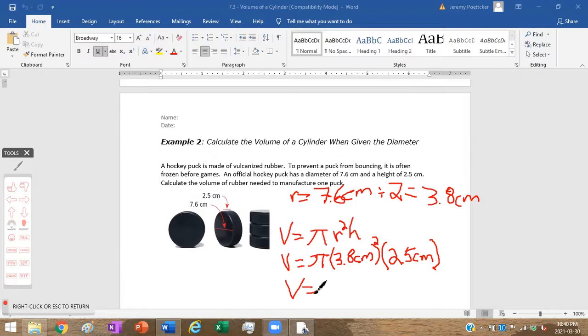Times 2.5. There we go. 113.4, I'll round to 1 decimal place again, centimeters cubed. Simple as that. This is happily one of the easier topics.